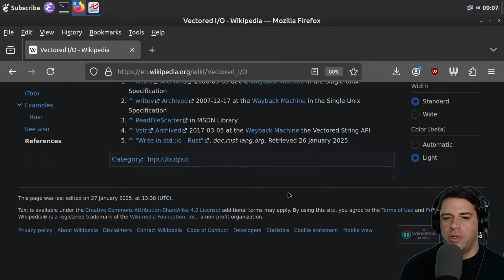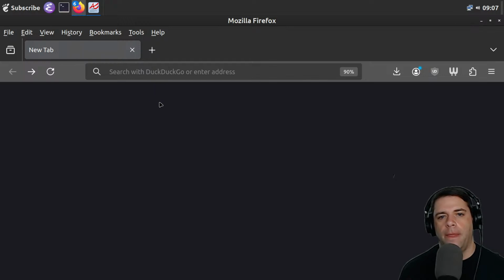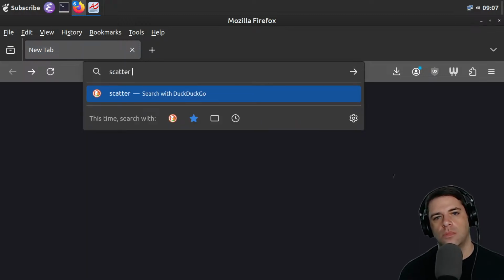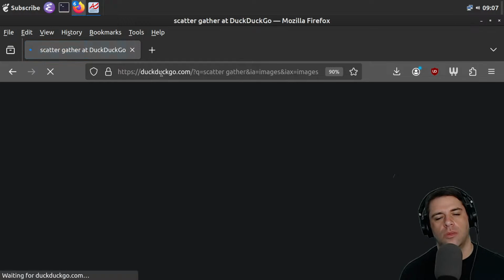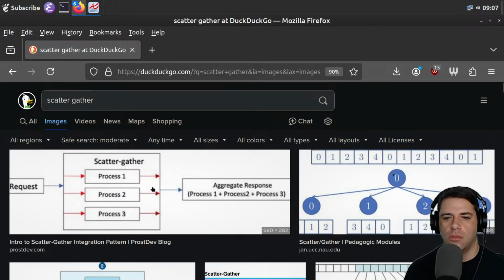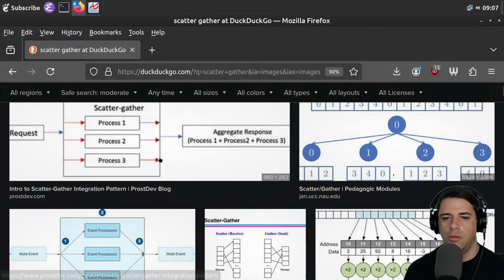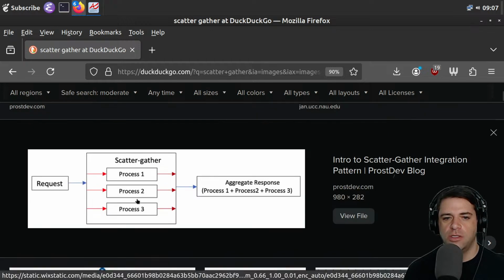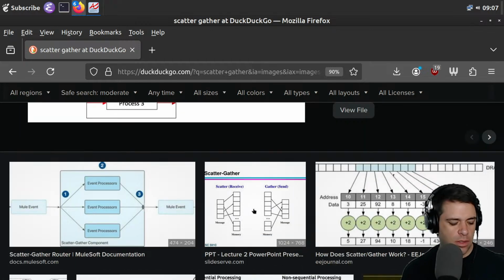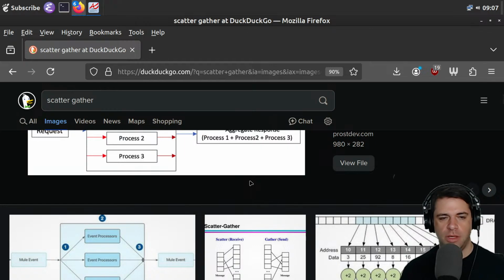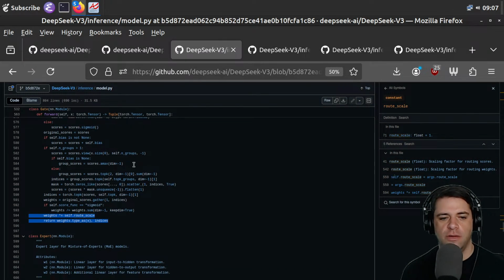So there should probably be a diagram. You're basically just aggregating responses. So you have some request that's getting sent to a bunch of things, and you're going to gather them together. And so I assume that that's what's going on with this scatter and gather.